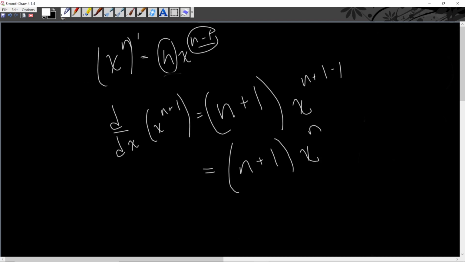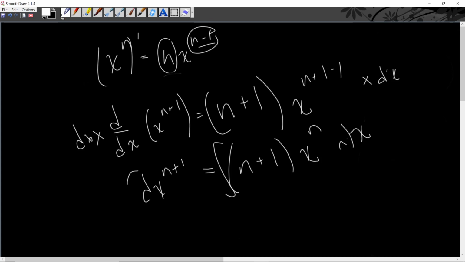Now, I'm going to do something somewhat interesting. I'm going to multiply dx to both sides. I want to have dx on this side so I can actually integrate with respect to x, and then once I have dx of x to the n plus 1, and I do that indefinite integral, this should just cancel out, right?